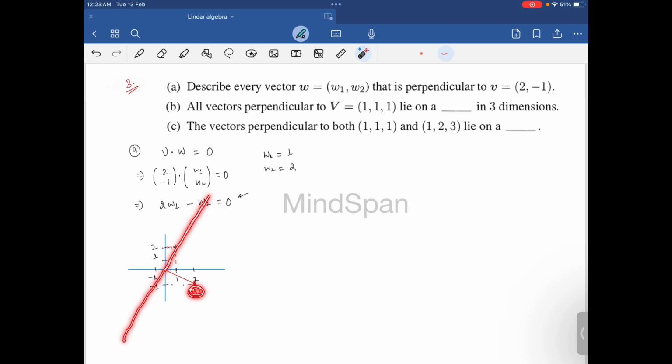So maybe we could have this vector also, that is the scaled version of this one, or maybe we could have this vector also. So as I said, whatever vectors are on this line, that could be even this one in this direction, right?